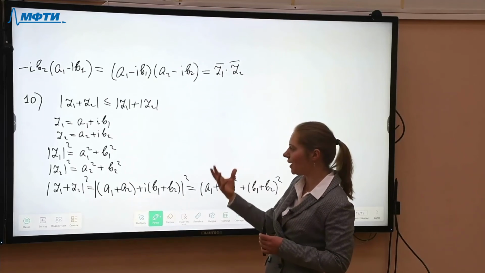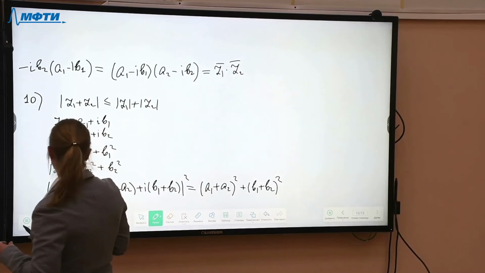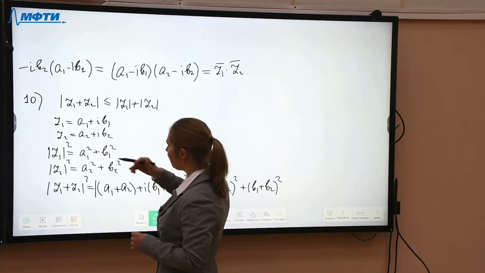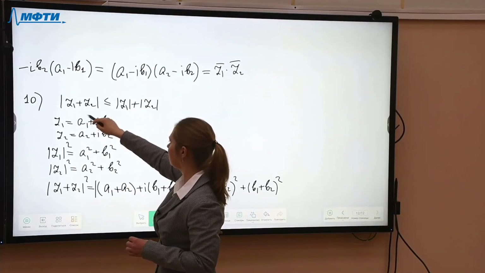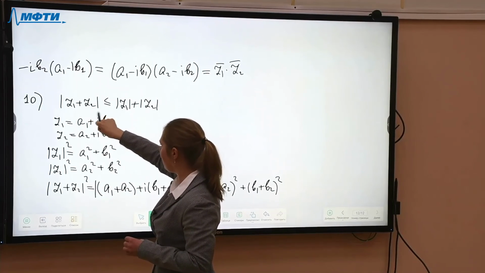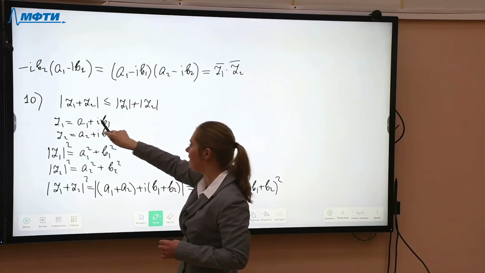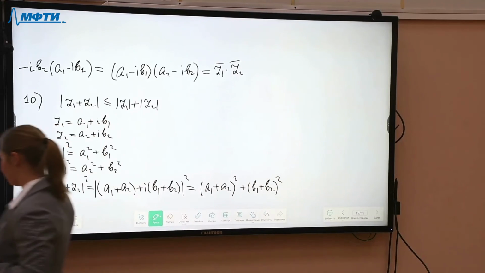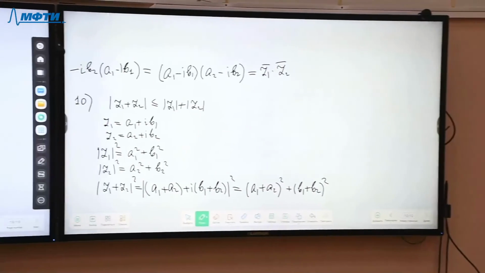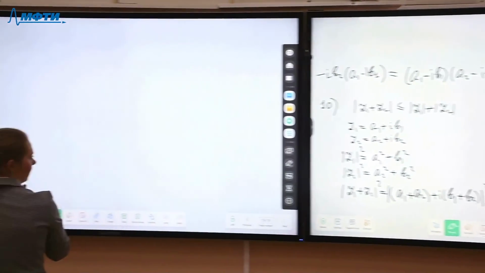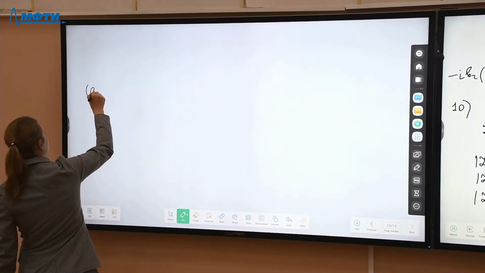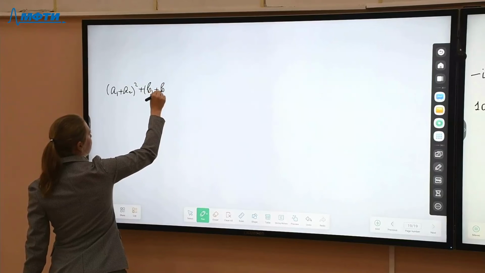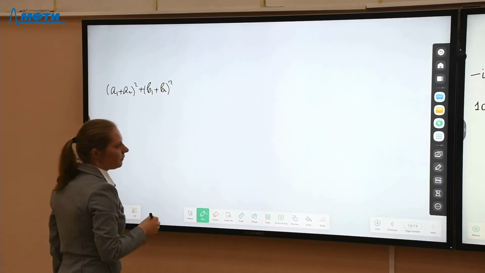So we can square both sides. And we will show that the square of this modulus is less or equal than the square of this sum. Okay, the square of this modulus is a1 plus a2 squared plus b1 plus b2 squared.